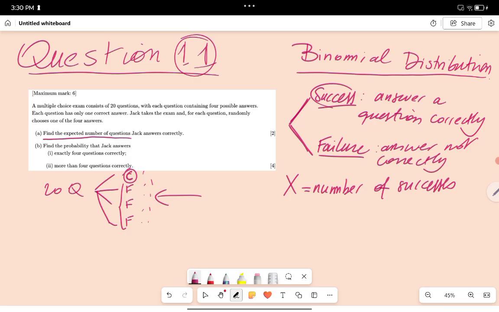Okay, so X will be the number of successes, so that is the number of answers that are correct. So correctly. Answers correctly. Okay, so now we're looking for the expected number of questions that Jack answers correctly.